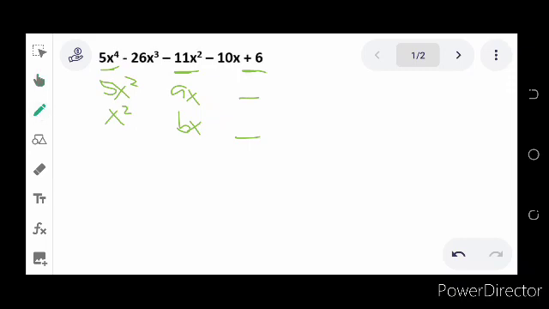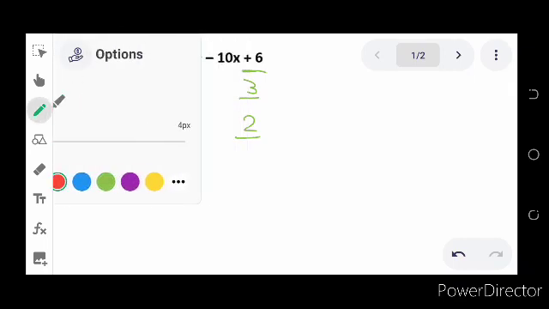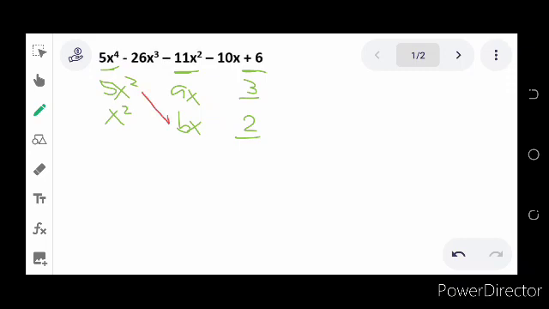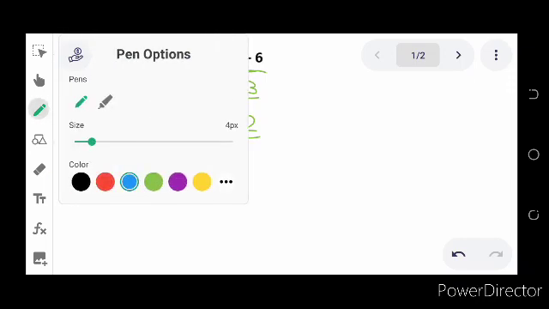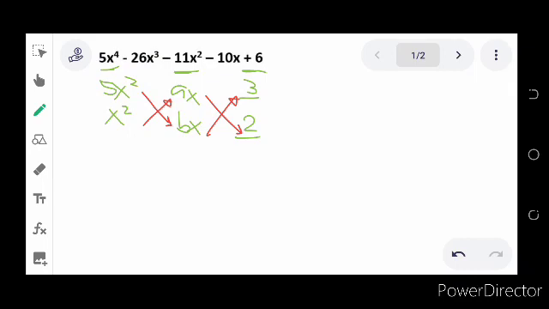Now let's just try to have 3 and 2. After this, we just double cross. So now you multiply 5x squared times bx, you have 5bx cubed.